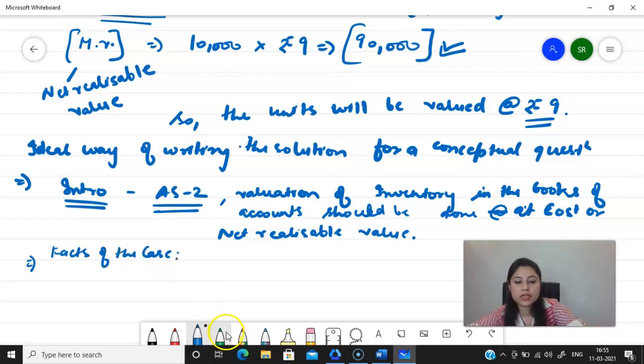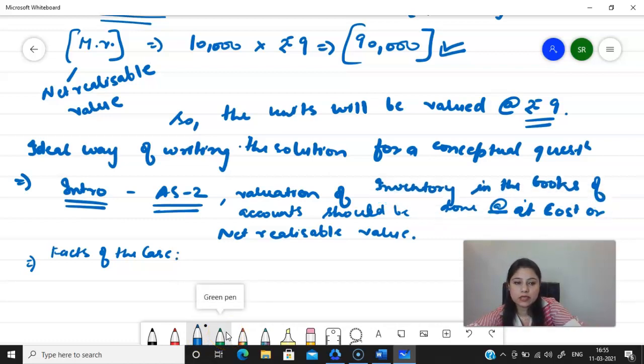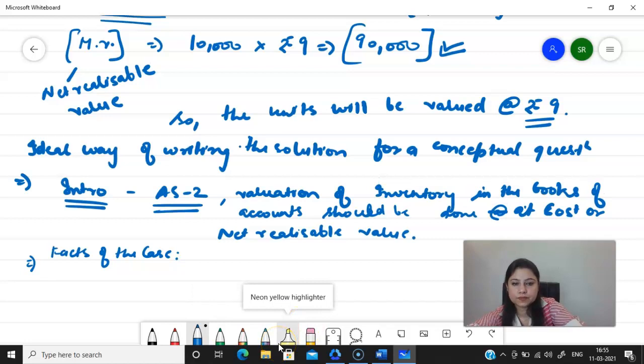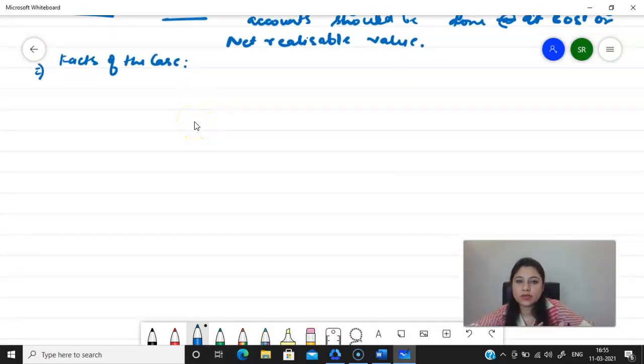By stating the facts of the case, we mean whatever particulars are mentioned in the question. In this particular question, it was mentioned that the closing stock of Gaurav Limited includes 10,000 units.